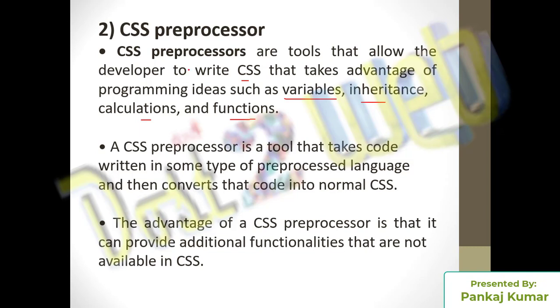All this will be used in the CSS preprocessor. A CSS preprocessor is a tool that takes code written in some type of preprocessed language. You have used some other language, and you are going to convert that into normal CSS. That is actually the help of a CSS preprocessor.